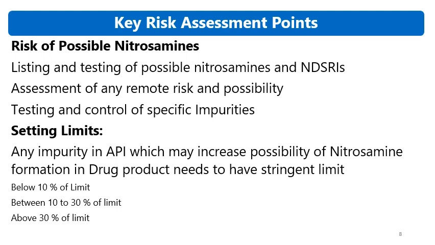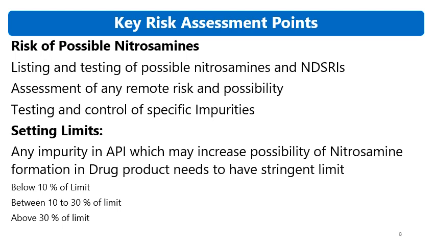Then, if there is a presence of nitrosamine impurity, testing and control of specific impurities should be performed, and a stringent limit should be set. Any impurity in the API which may increase the possibility of nitrosamine formation in the drug product needs to have stringent limits.